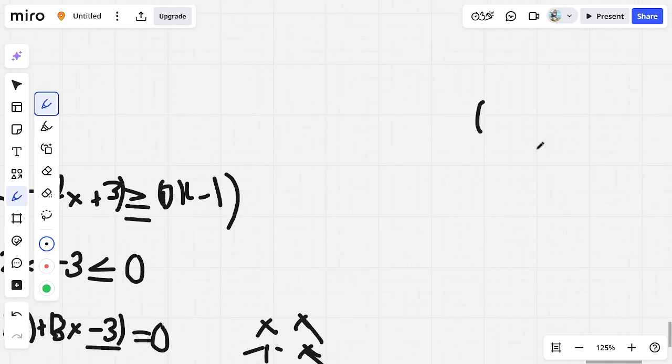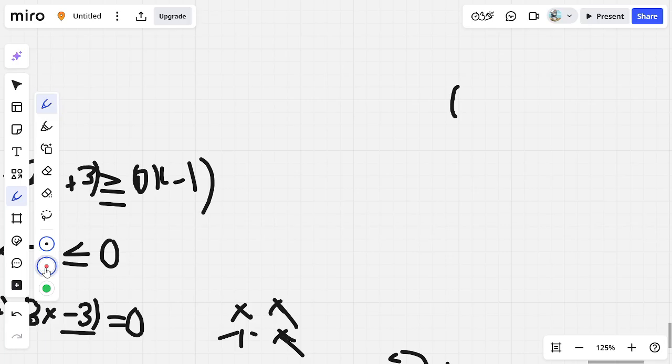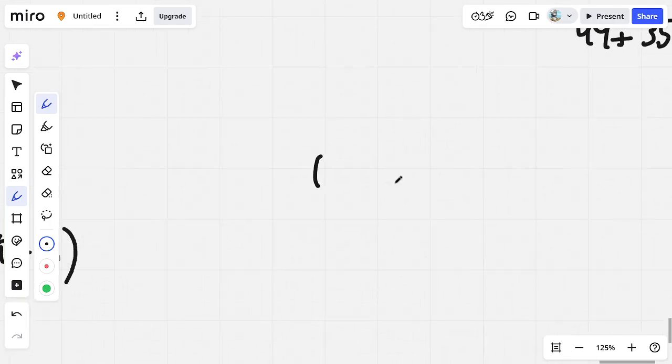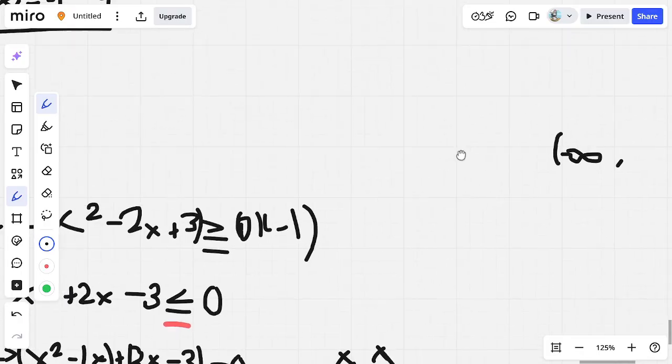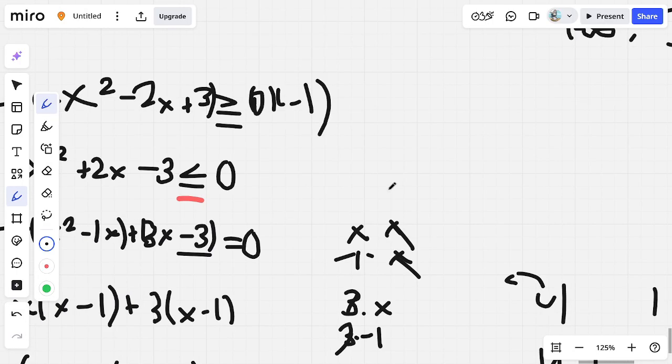We have a thing to note: if it's equal to, we have to use the brackets, except for the infinity, because infinity is a symbol only. So parenthesis here, then we use a bracket here because it's equal.